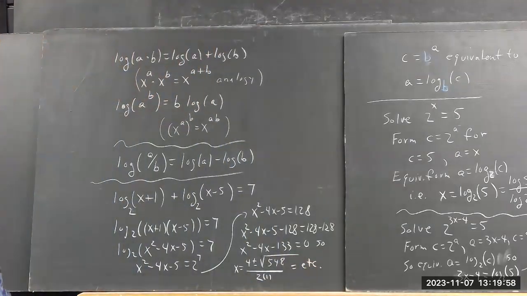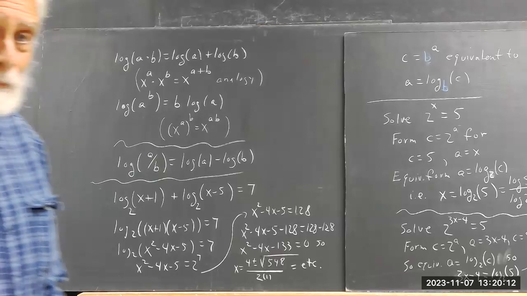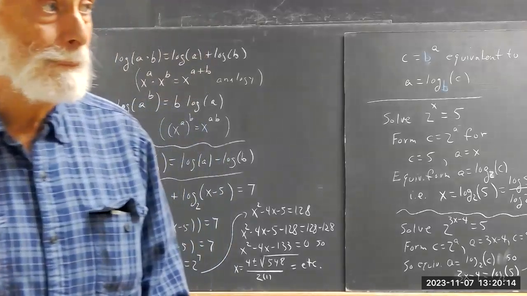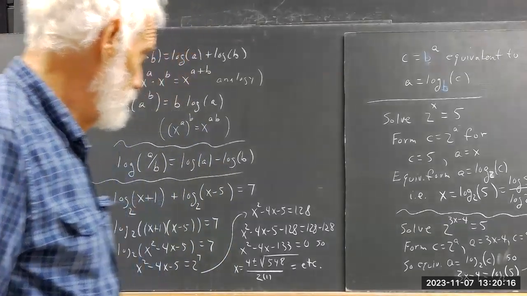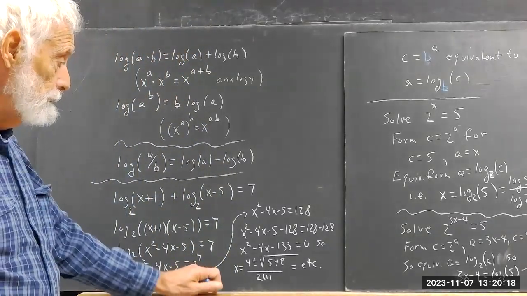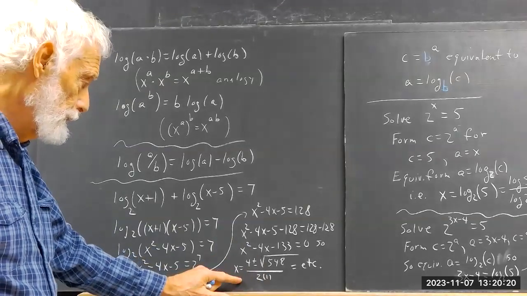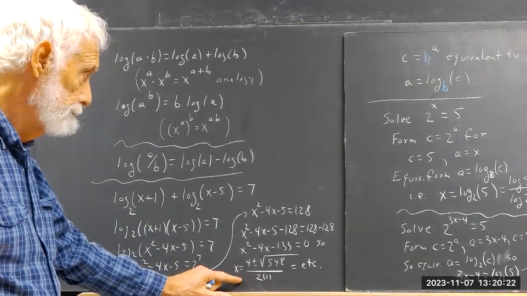X squared is 548, so x is 23.3, something like that. So you could approximate that. Make sense?